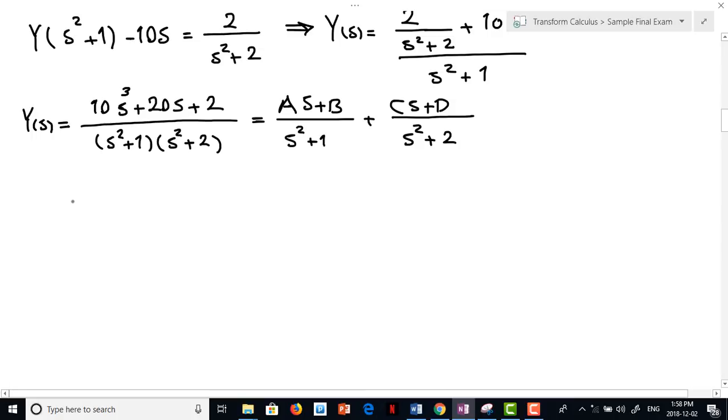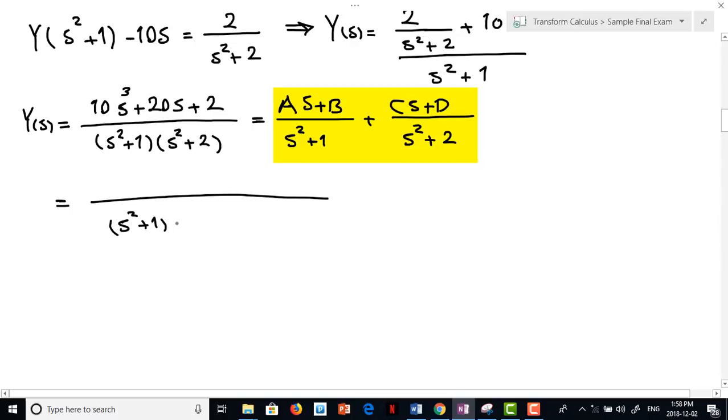So I just expand the right hand side of the equation, which is equal to (s to the power of 2 plus 1) times (s to the power of 2 plus 2).